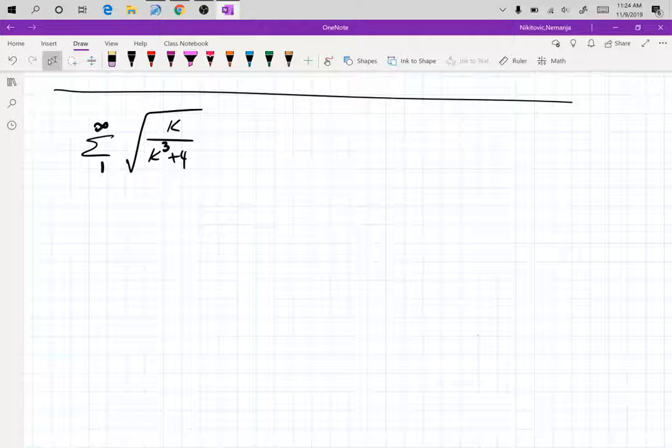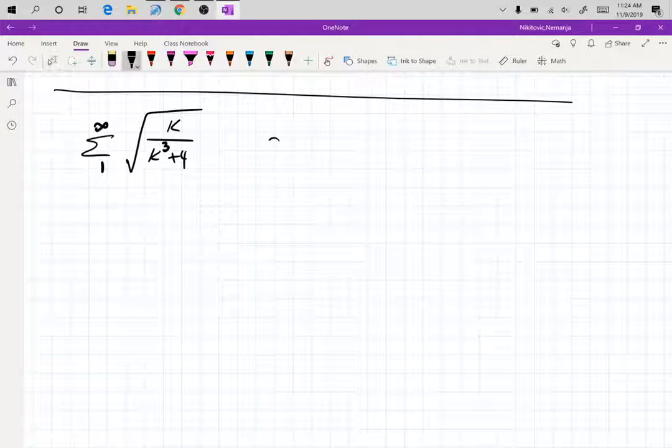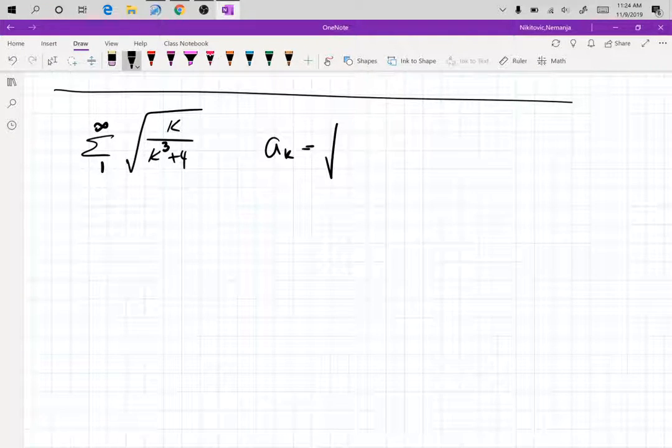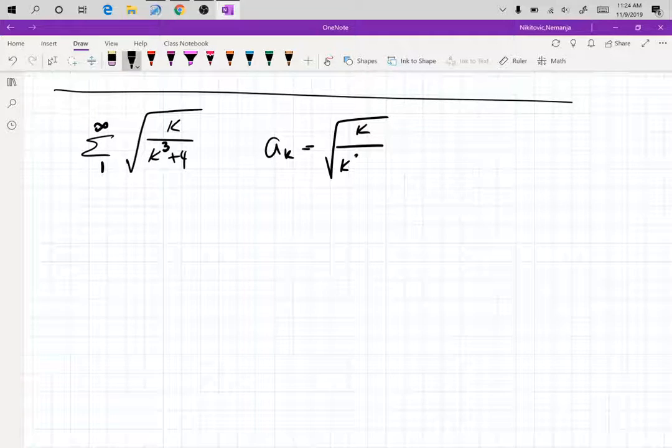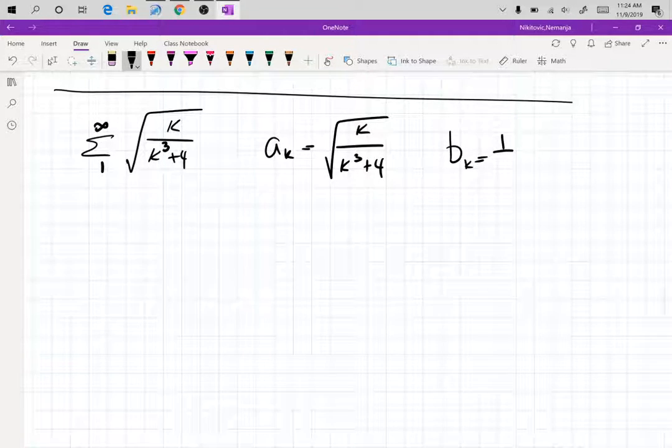You did that by killing the 4, so what else are you missing there? Square root, yeah. So what is the final verdict? 1 over k. Good. So your ak is square root of k over k cubed plus 4, then your bk is 1 over k.